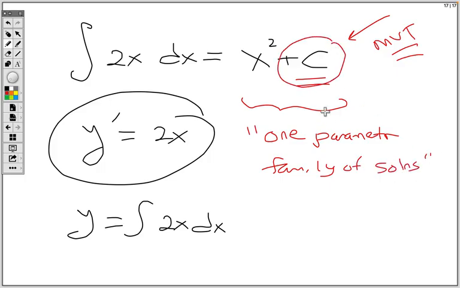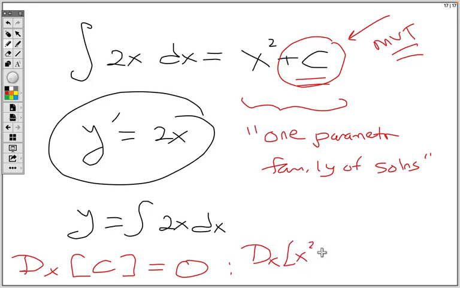And the term that we tacked on has the property that when you take the derivative of it, you get 0. So when you take the derivative of x squared plus c, we've got this part, what we call a particular part. This is a particular term. That gets you to the 2x part that we want. And then the constant ends up going to 0. So this is a solution to the derivative equals 0.